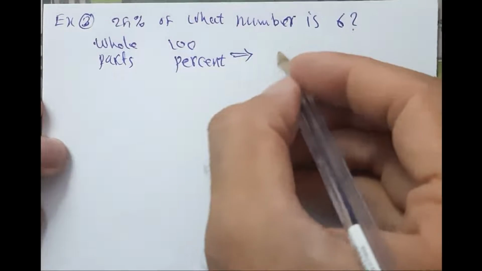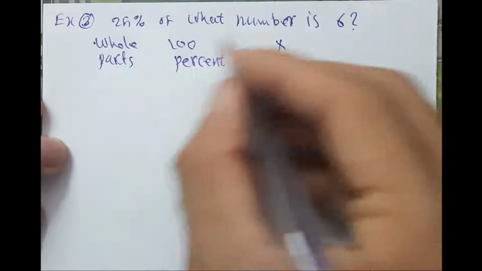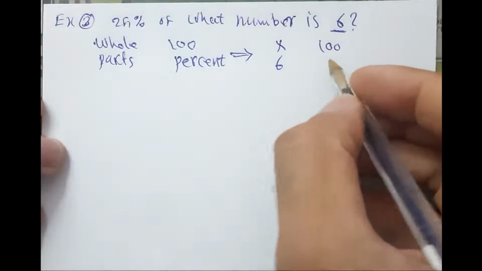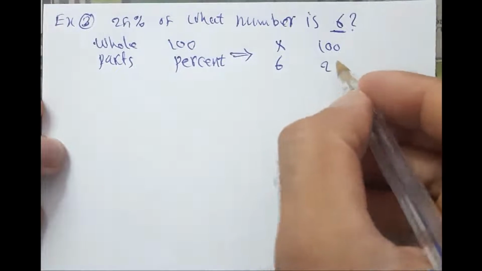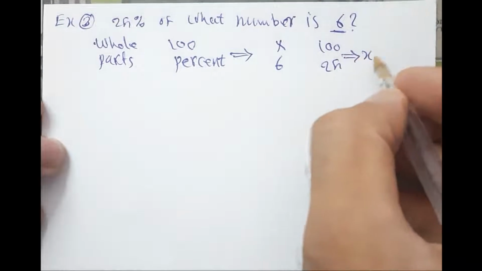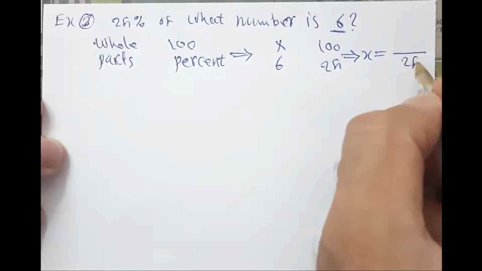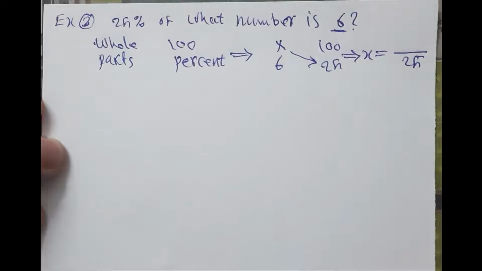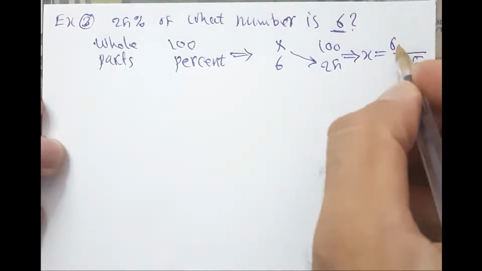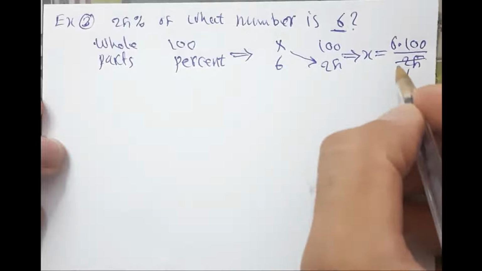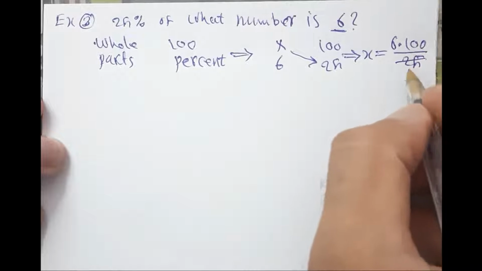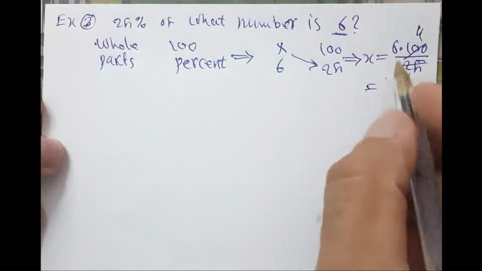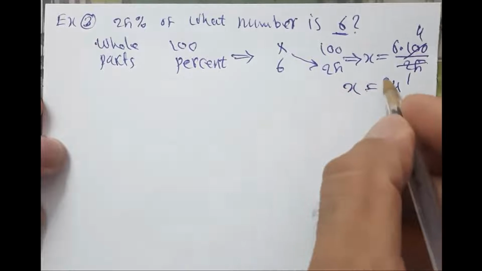Now, whole is unknown. We can write x. Parts is 6, 100. Percentage we have 25. Then x is equal to 6 multiplied by 100 over 25. If we divide 100 by 25, 4 times, it is equal to 6 multiplied by 4, 24. X is equal to 24.